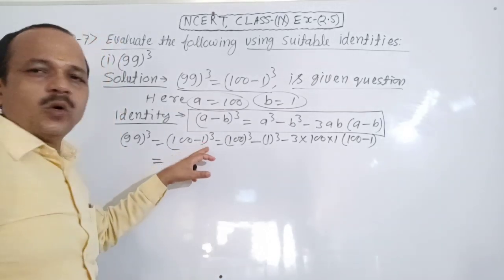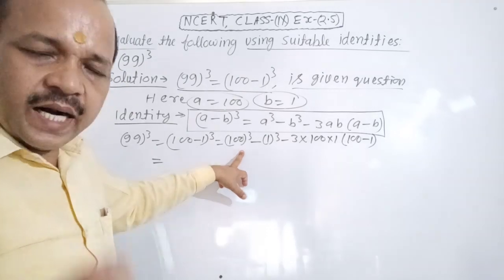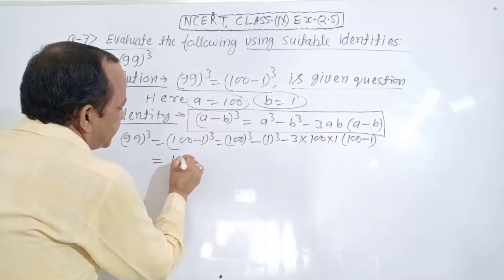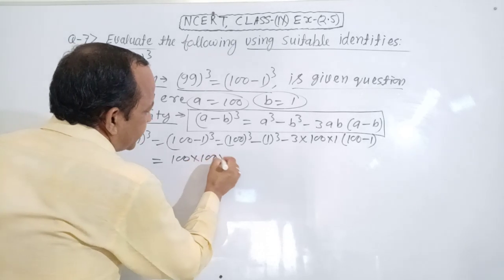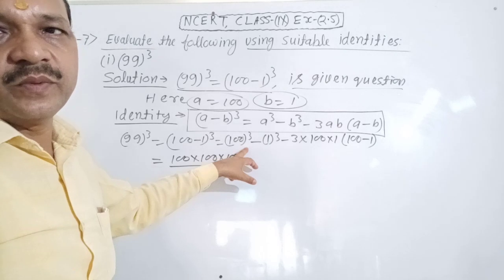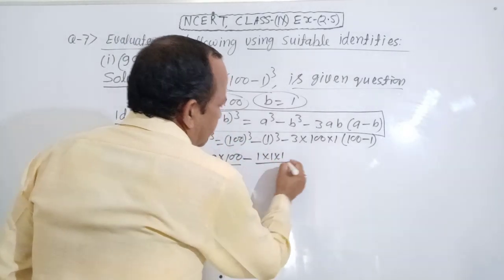(100 minus 1) whole cube equals 100 cube, which means 100 multiply 100 multiply 100, 3 times, because here is 100 cube. Minus 1 multiply 1, 3 times.